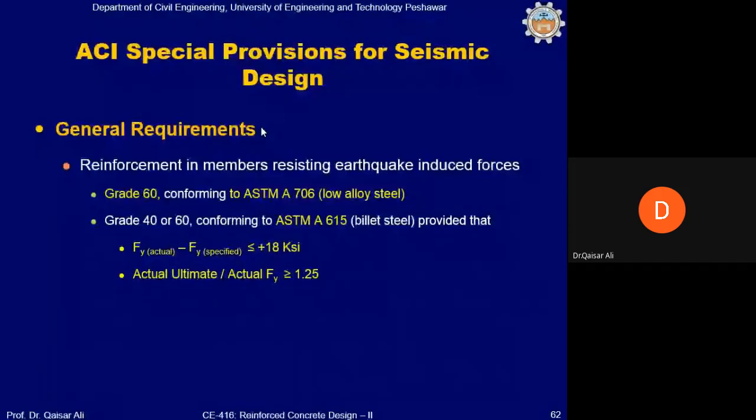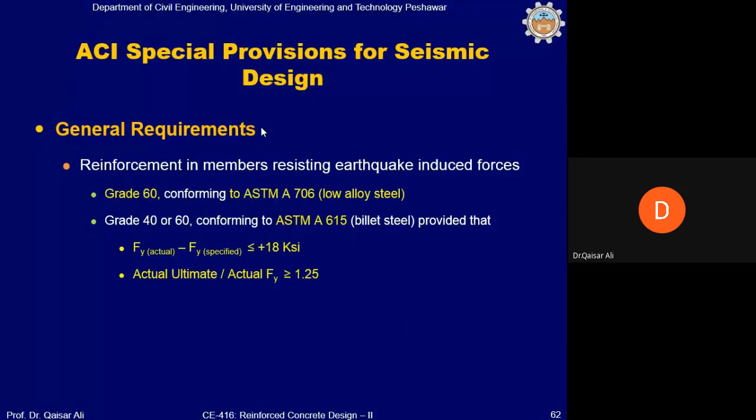So the difference between the two, actual yield obtained from the actual test minus the specified yield, shall not be more than 18 KSI. For example, you bring a steel sample to the lab, you test it, and you get a strength of, let's say, 80 KSI.